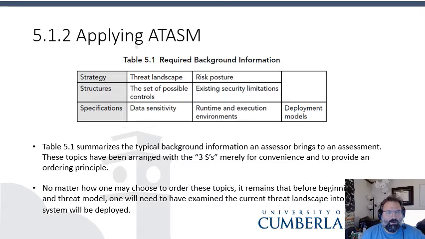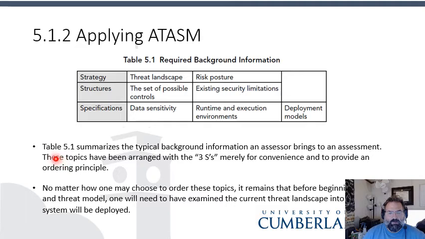When we're applying that approach, we start with this whole concept of a strategy, which includes the threat landscape and the risk posture, structures, the set of possible controls, existing security limitations, the specifications, data sensitivity, and runtime execution environments, and then we talk a bit about deployment models.